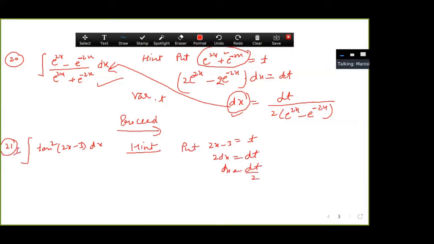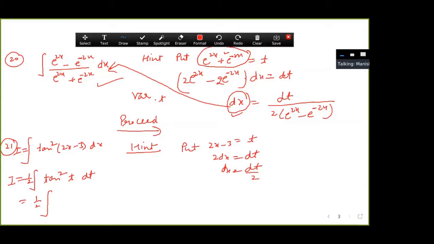Suppose this is I. Here I is equal to integration of tangent square t, and dx is dt by 2, which means 1 by 2, put it outside. Now it is not in a standard form, so you have to put the value of tangent square t. What is the value of tangent square t?